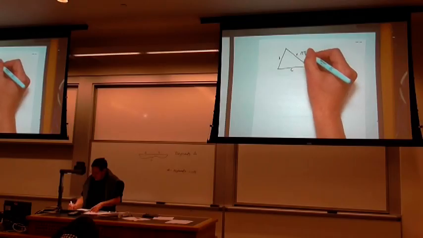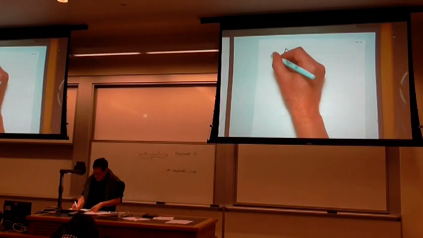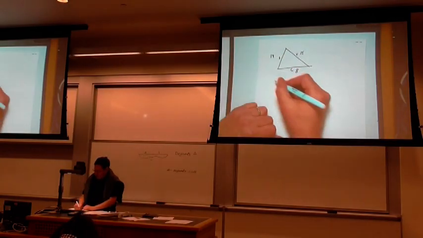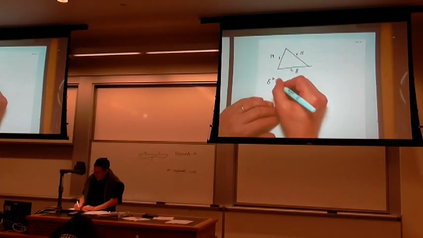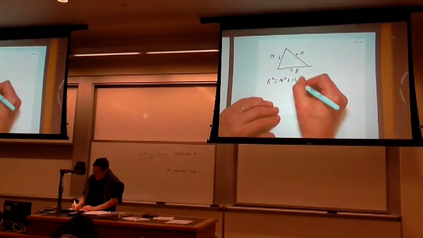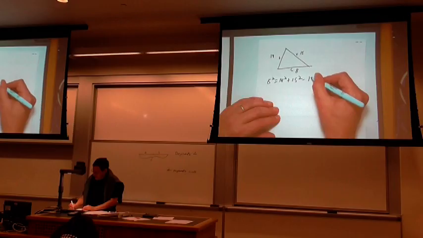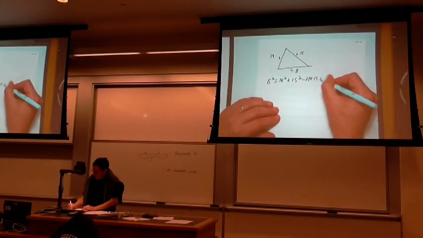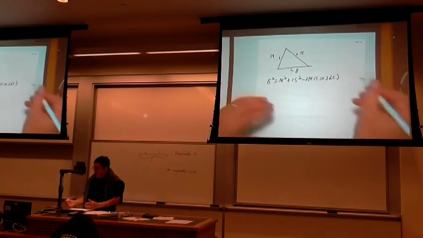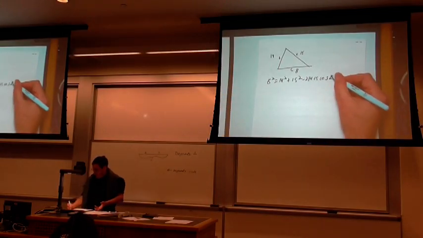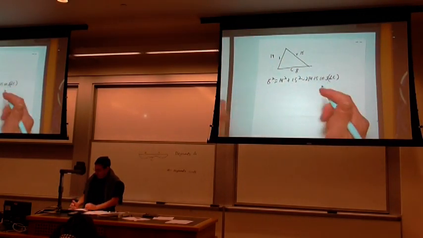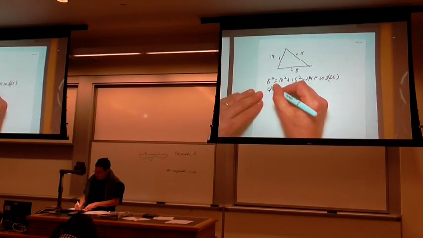Okay, we're gonna get to the bottom of this, because this should not be that complicated. Whatever solution you use, 8 squared equals 14 squared plus 15 squared minus 2 times 14 times 15 cosine angle C. Let's do it this way.